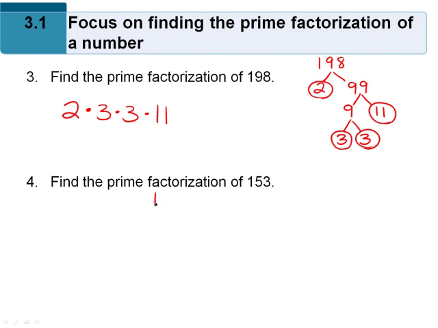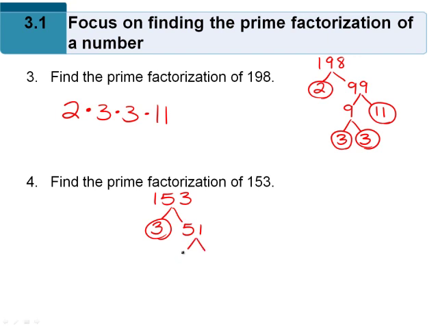Okay, number 4, find the prime factorization of 153. So I think 3 goes into this. Let's see, 1 and 5 is 6, plus 3 is 9. 3 goes into 9, so 3 will go into this 51 times. Okay, so 3 is prime. Now look at 51. Add 5 plus 1. That's 6.